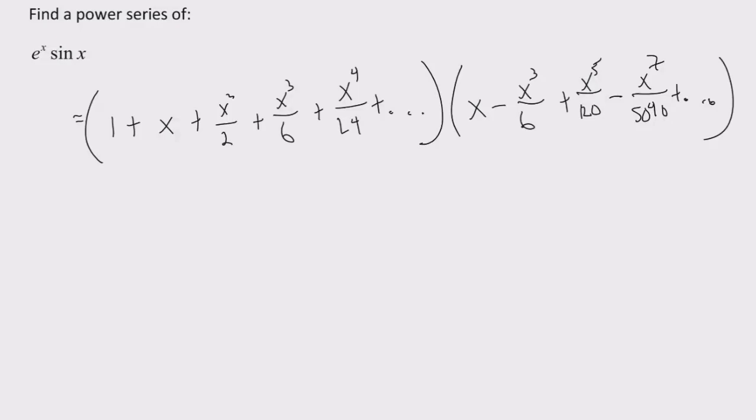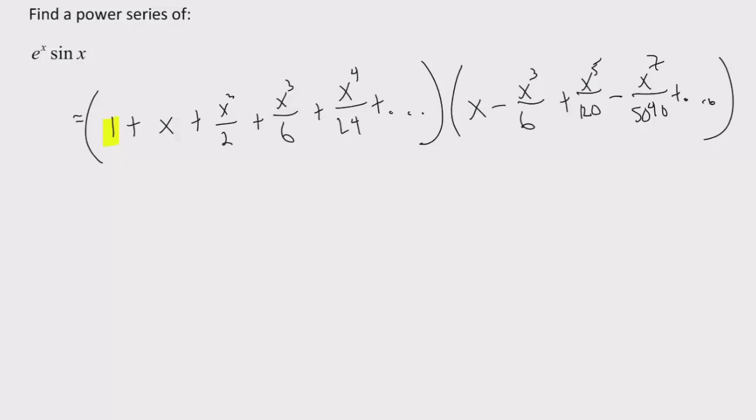So the way we're going to tackle this is we're going to start with 1, and I'm going to take 1 times the entire pattern there. Now, I'm only going to expand it out so many terms because I'm trying to figure out what's going to happen with each additional term in this pattern. So I only need to do this long enough until I recognize what the general pattern is.